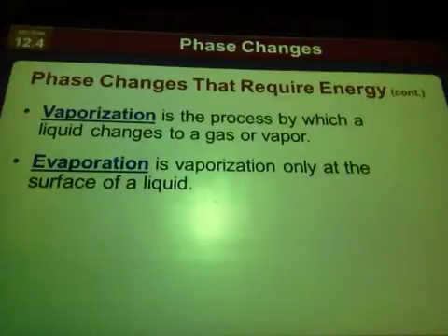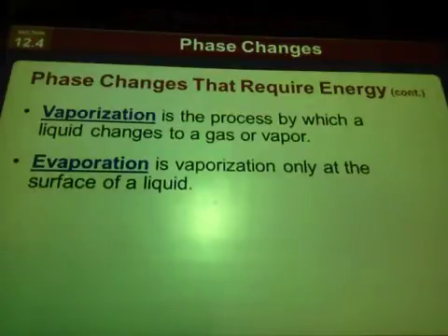Those two processes are very similar, but evaporation is vaporization only occurring at the surface of a liquid. So that's the difference between the two. Vaporization is the general category of the phase change, the process by which a liquid changes to a gas or a vapor, and evaporation is vaporization just happening at the surface of a liquid.